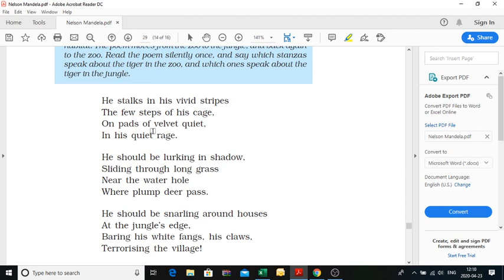We are comparing the snow to a white blanket. स्नो जो है वो व्हाइट ब्लैंकेट की तरह है, but its literal meaning is not that, right? We talk only about the symbolic meaning, not the literal meaning. So here, pads of velvet, right? You can check out, this is the metaphor we are using here.